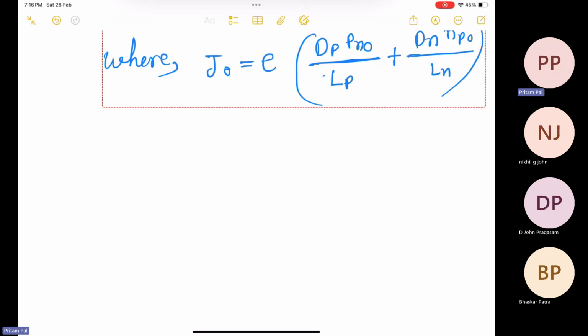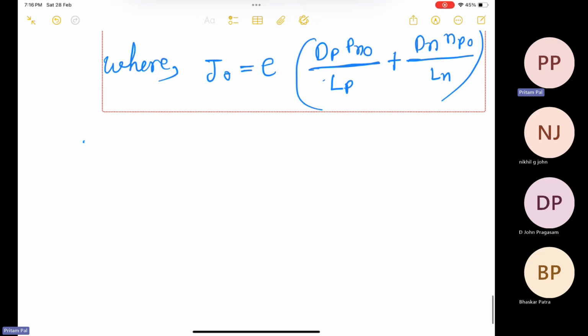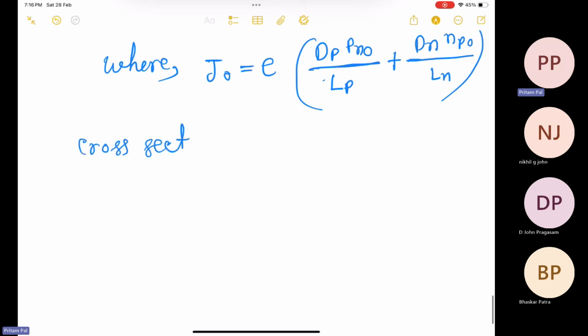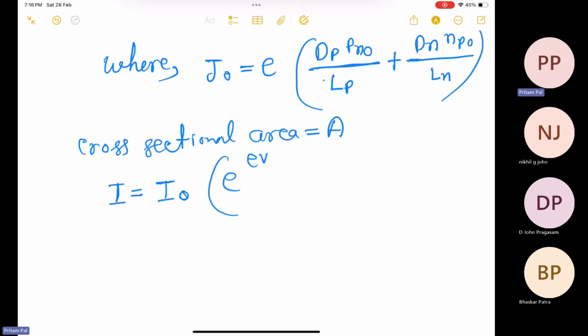So let's say you have a cross-sectional area now, which is A. Then you can find the current itself, the total forward bias current, which is defined as J multiplied by A, and this is I naught times e to the power eV by kT minus 1.